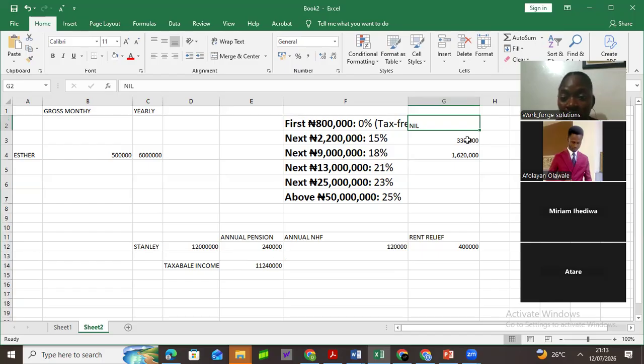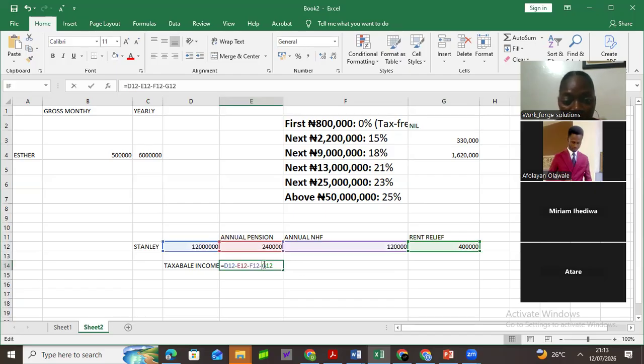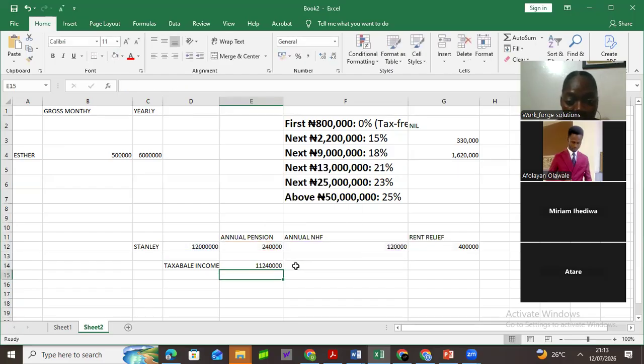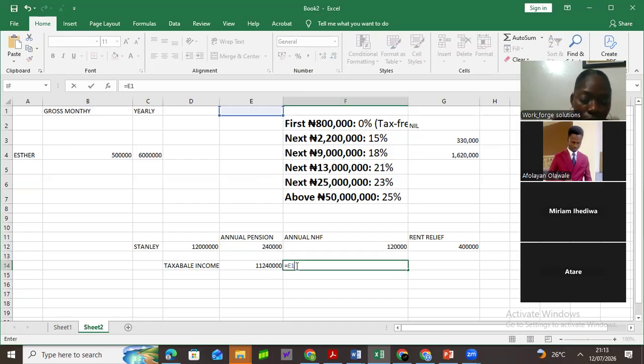The first one is 0. The first 2.2 is 33. So we don't have up to 9 million left, do we? Yes. We removed, this is E14 minus, we removed 2.2.